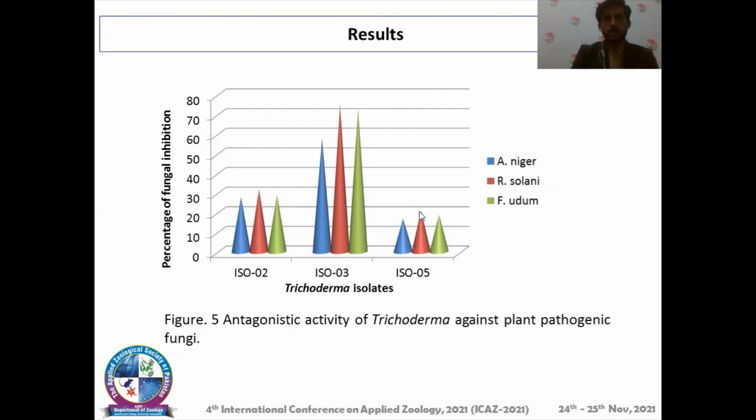The activity against Rhizoctonia solani was about 25%, while against Fusarium aureus, the activity of Trichoderma isolate 3 was 73%, and against Aspergillus, the activity was 58%.